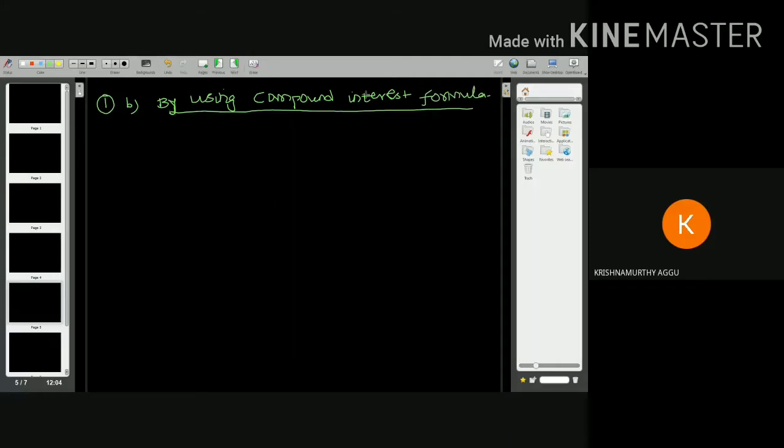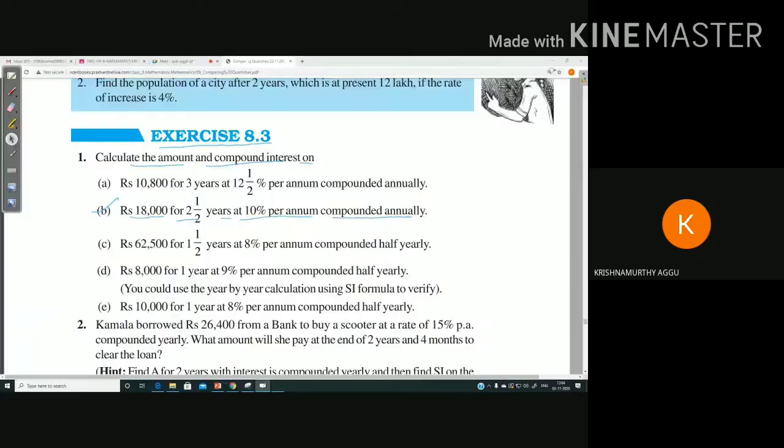In this, what is given? Let us see. This is called the principal. This is time, and this is rate of interest. Three things are given: principal, time, and rate of interest.